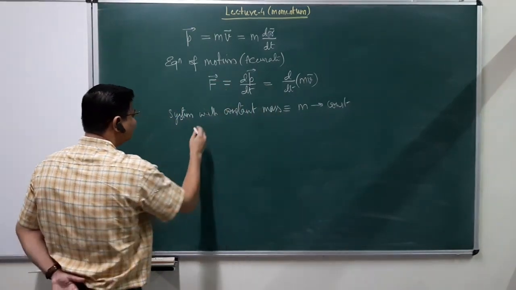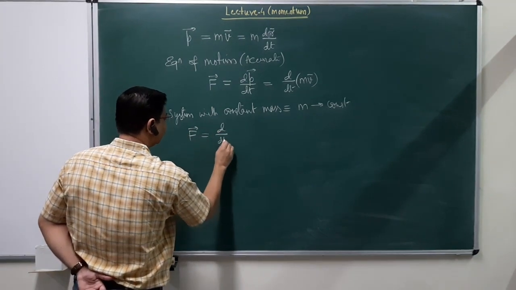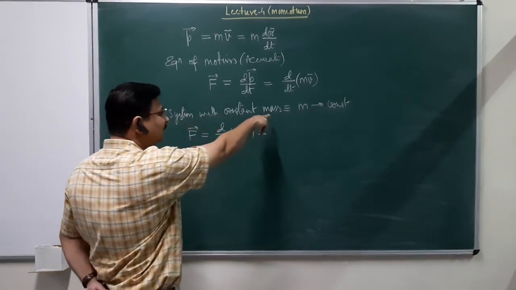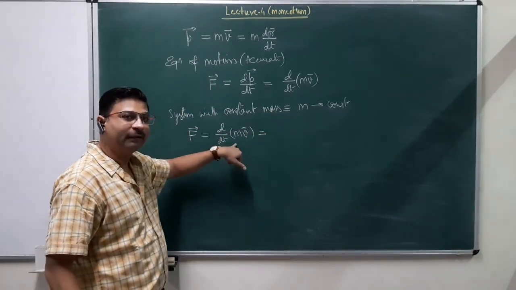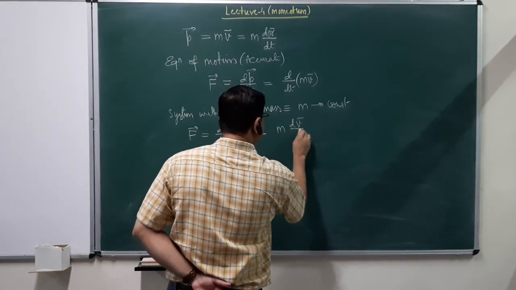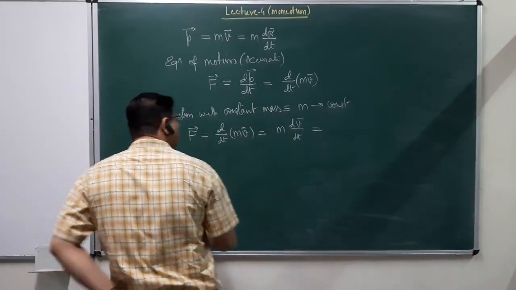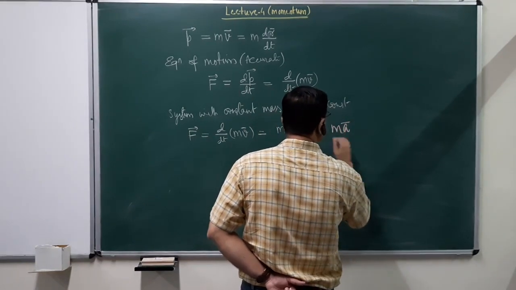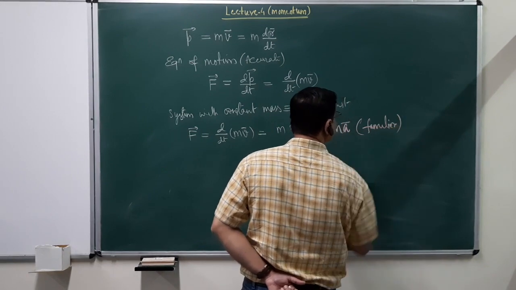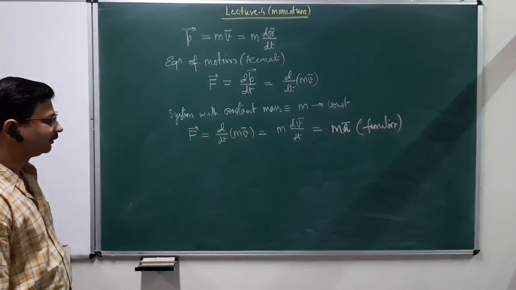Now, if you look at this equation, F equals d over dt of mv. Since we are explicitly saying that m is not dependent on time, it's a constant, then we can take it out, and then it becomes m dv over dt, which is your familiar expression, right? So I'll write it as familiar.